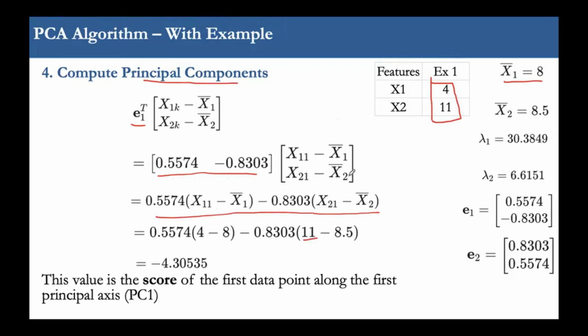Then 11 is the second feature, and 8.5 is x2 bar. When we solve this equation, we get a value. This is the principal component for the first data point. It means that we are reducing the dimensions from 2 features to a single feature.